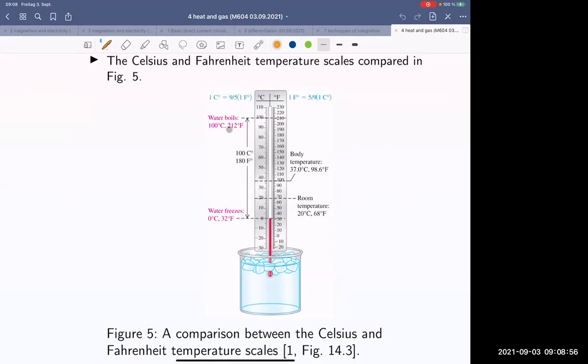And the boiling point of water, when we get steam, the vapor of water, is at 100 degrees Celsius, and you get 212 degrees Fahrenheit.